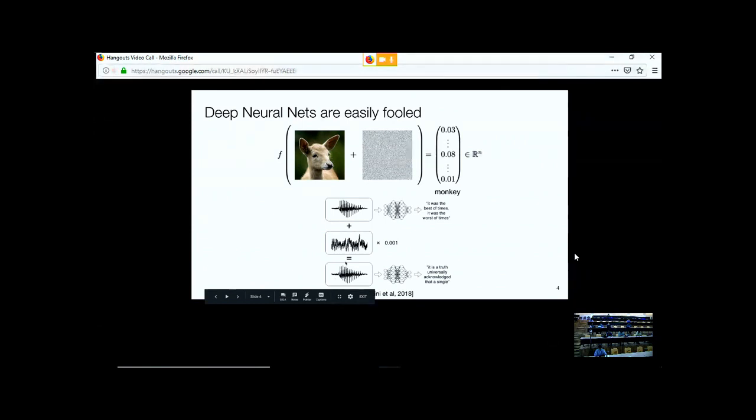This doesn't actually change the global shape of the waveform, but the neural network then outputs a completely different transcription, very different from the original transcription. So this is a big problem. We can add this imperceptible noise to our high-dimensional input, and we can easily fool the network, even though as humans, we would not see or hear any difference between these inputs.